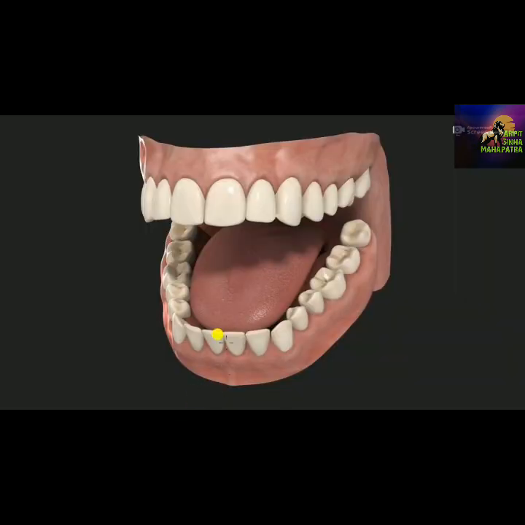If we divide a jaw in the middle, the 4 incisors go 2 on each side, canines 1, premolars 2, and molars 3. This is one jaw, the lower jaw, and this is the upper jaw.